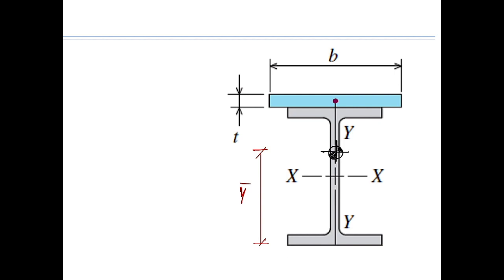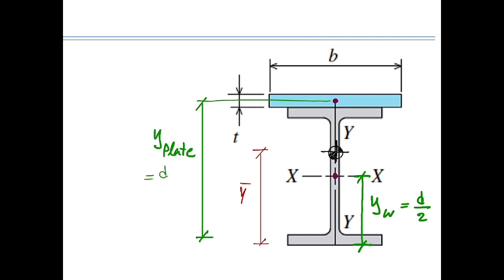So let's determine y for that W shape first. The height of the section is given to be d, so yw would be half of that d. The other distance would be the distance of the centroid of that blue plate to the bottom part of the section. So that would be d plus half of the thickness of the plate.